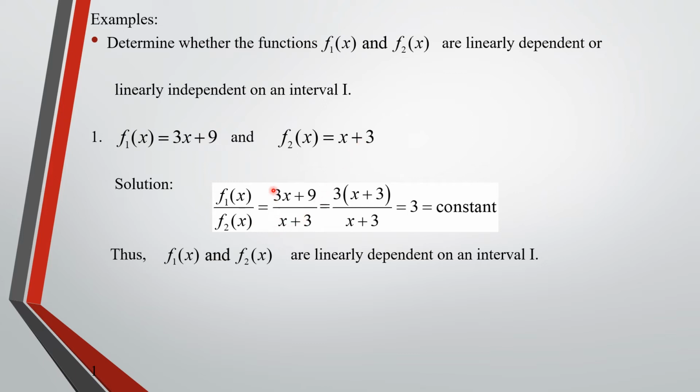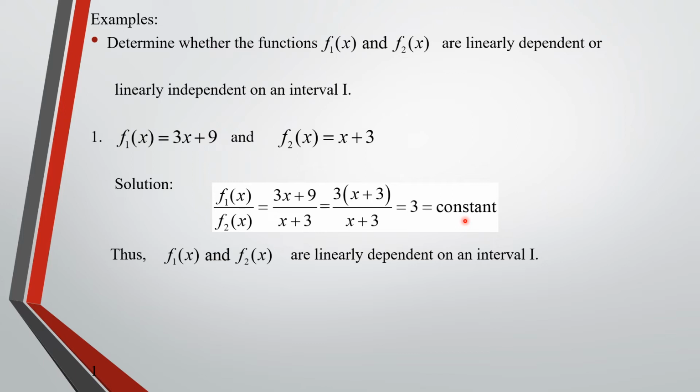Now once you have written down the ratio of the functions f1 and f2, try to simplify whenever possible. In this example, you notice that the numerator has a common number 3. So let us take the number 3 out, and you notice that the numerator and the denominator now have a common factor that can be cancelled. So cancelling x plus 3, the result of the ratio is 3, which is just a constant.